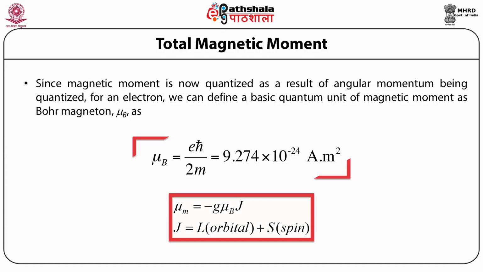Mu m is equal to minus g mu b multiplied by J. Nuclear magnetic moment is only of the order of 10 to the power minus 3 mu b and hence is neglected for most of the cases.